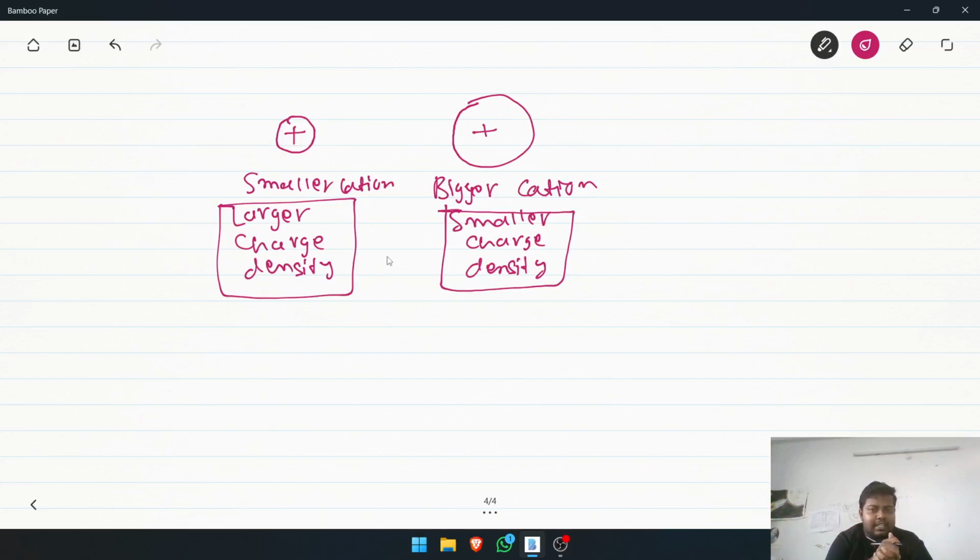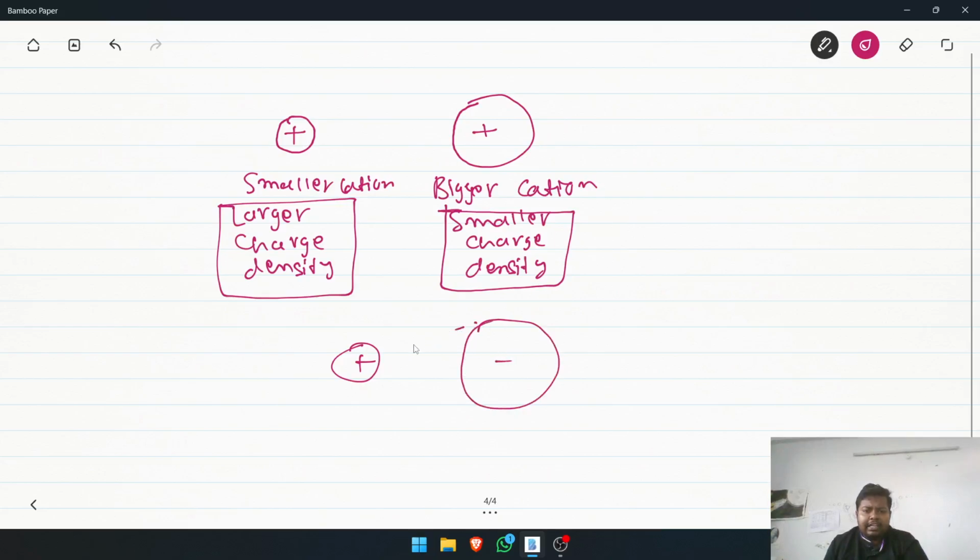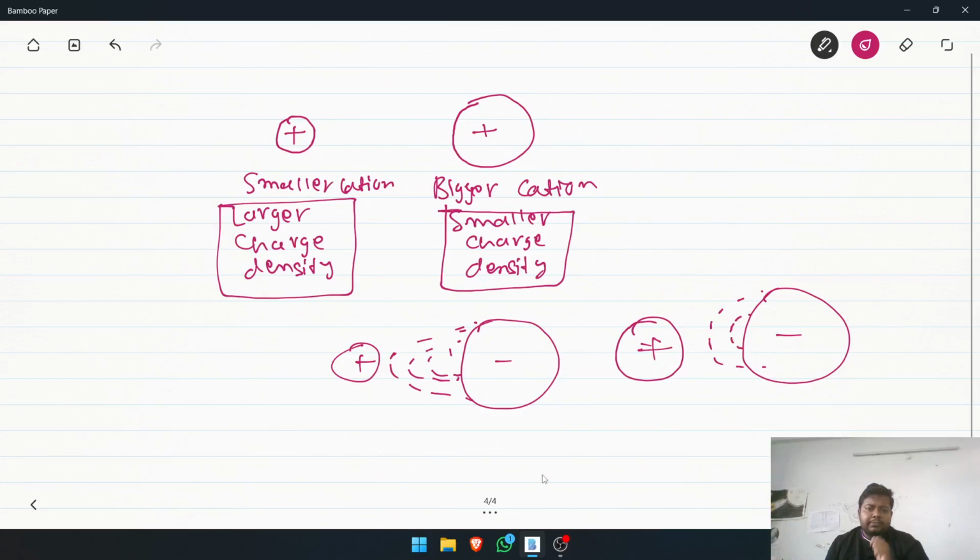So if it has more charge density, the smaller cation will distort the electron cloud of the anion more, and the bigger cation will distort the electron cloud less. So it seems like the sharing of the electron cloud is more in the case of the smaller cation.